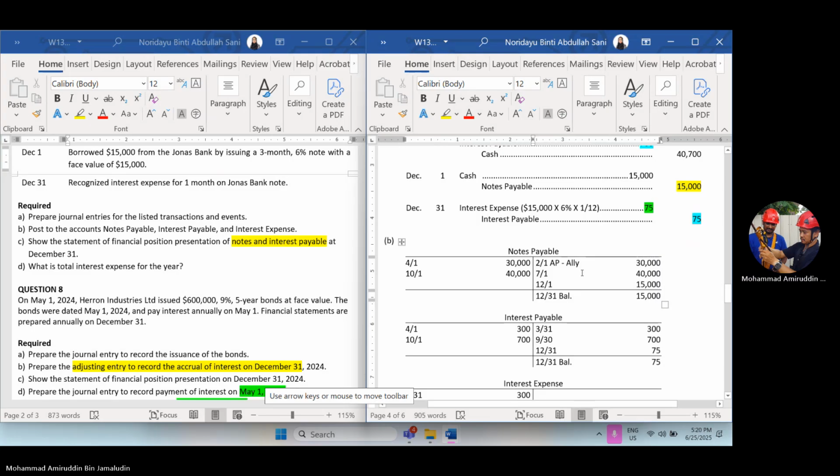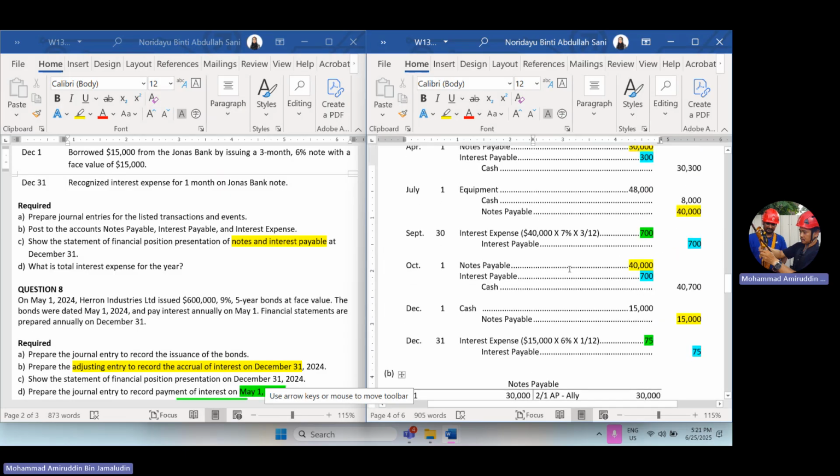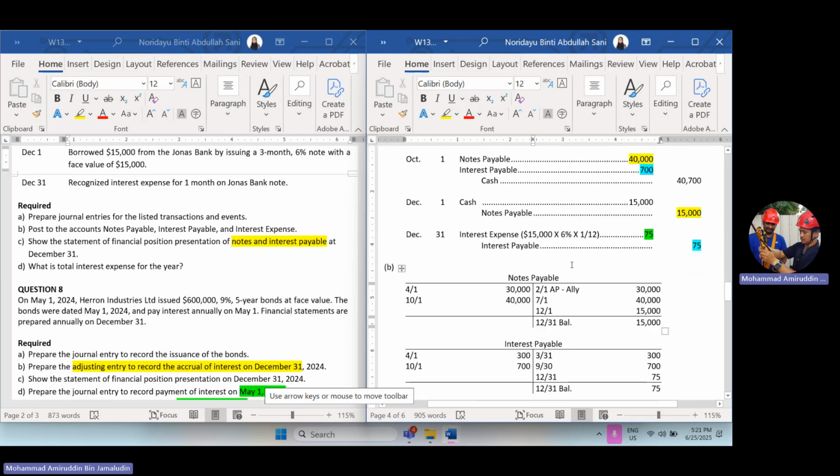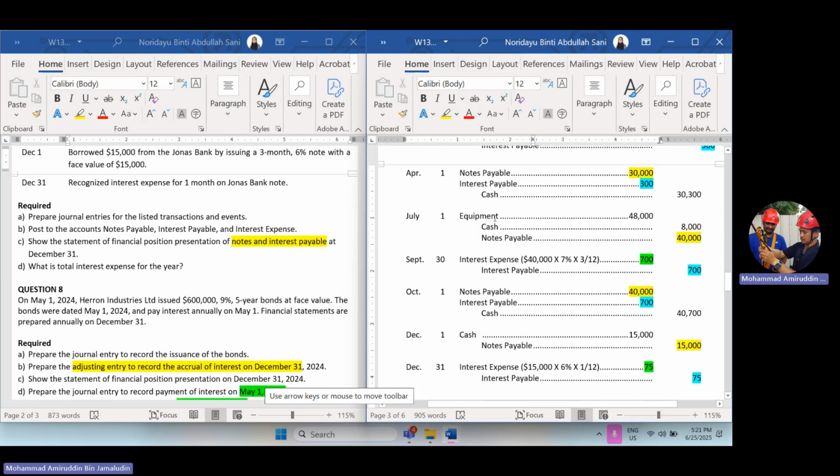This one is for my marking scheme. In accounting, your details must be correct. Your amount must be correct. So put the details, like 1st of July.